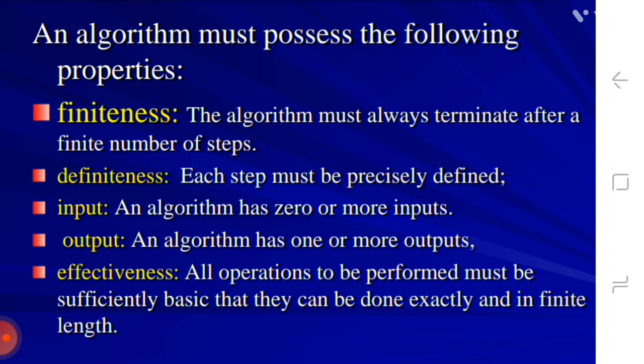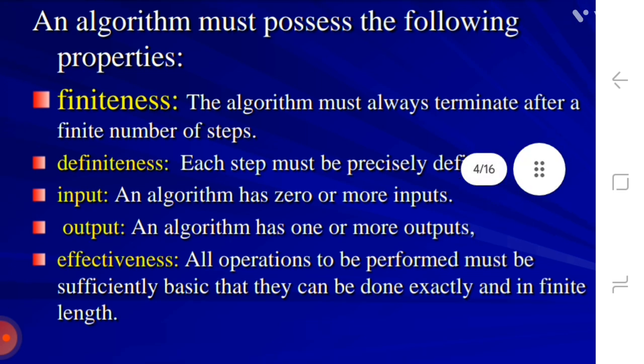Maybe it is runtime or compile time, I will come to what runtime and compile time are. If you define a variable, that is compile time, and if you ask from the user, that is runtime. So here input can be 0 or more. It has 0 or more inputs.